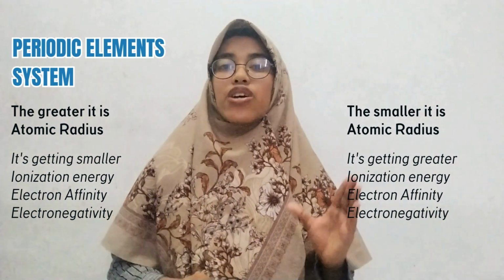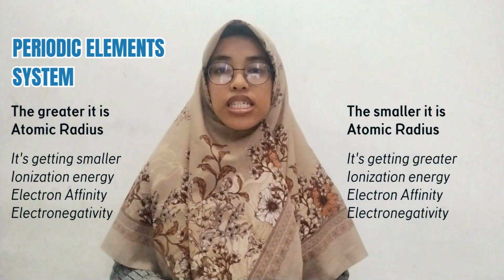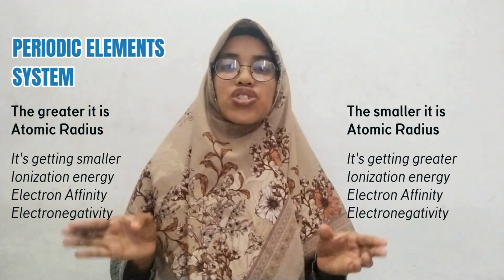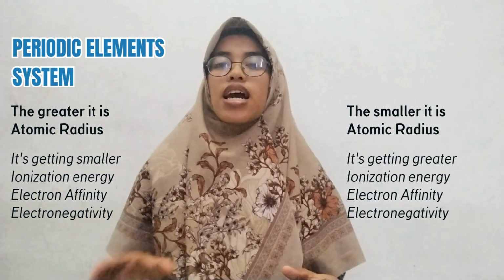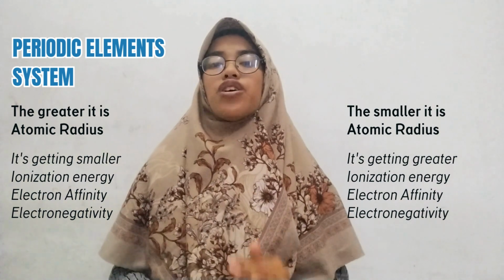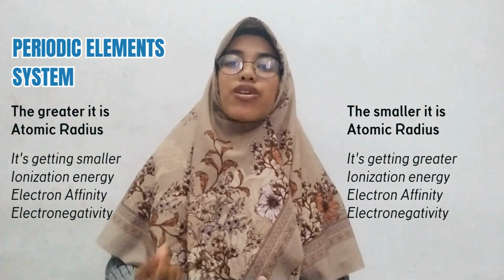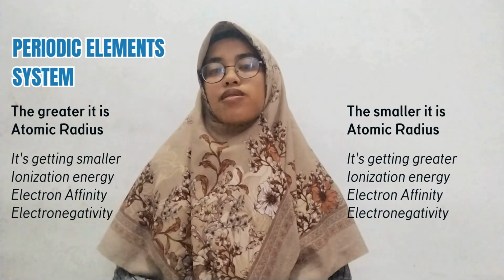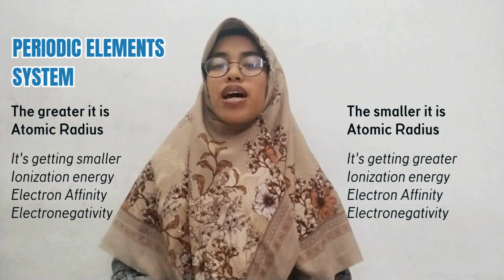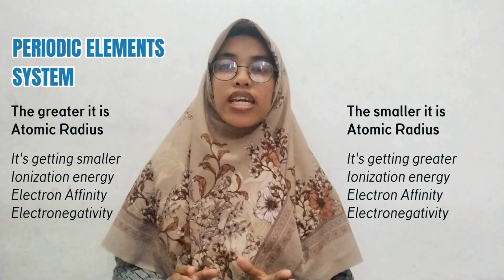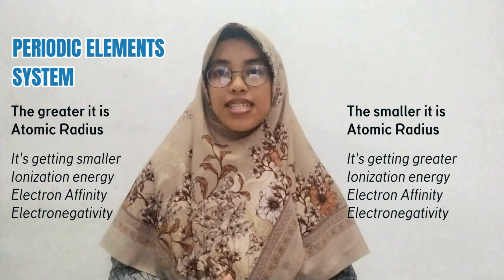While for ionization energy, electron affinity and electronegativity, the opposite is true, namely the further up and to the right, the greater the value. We must remember these notes because this is so important in learning the periodic system of elements.